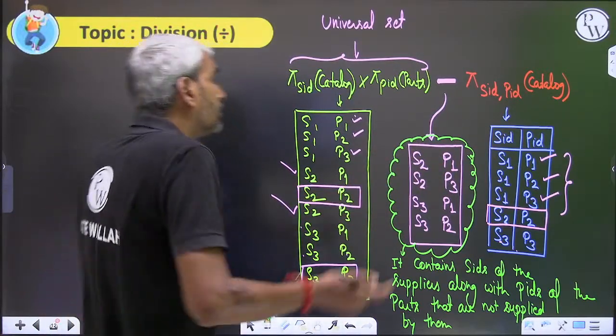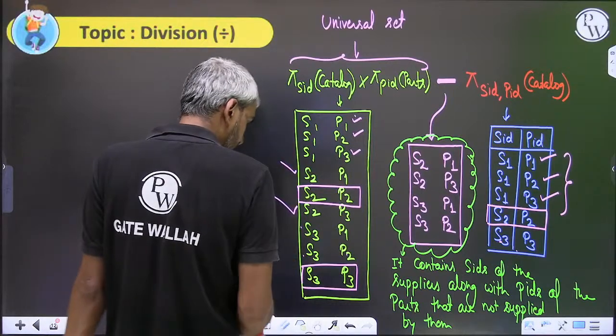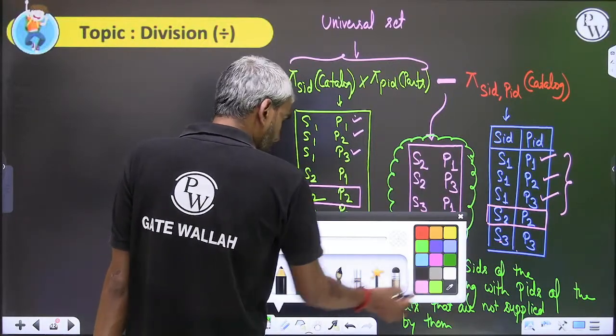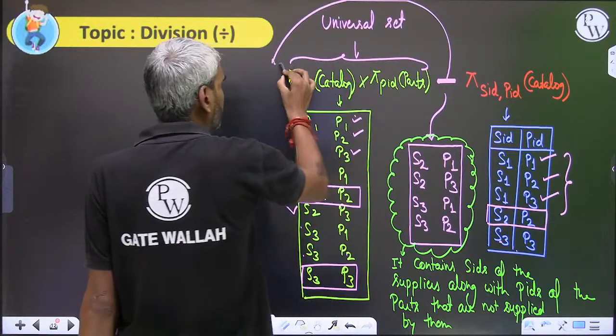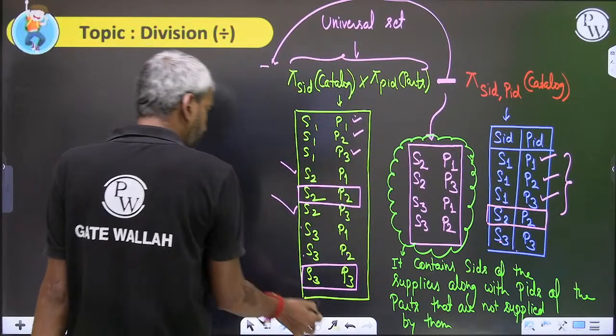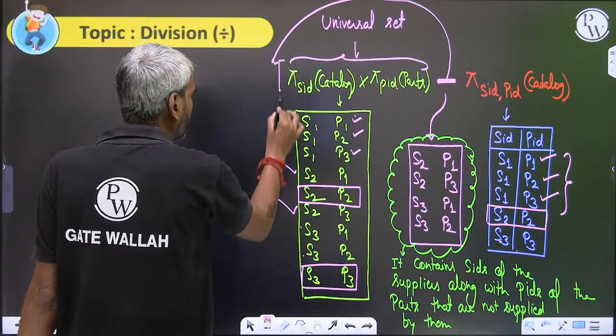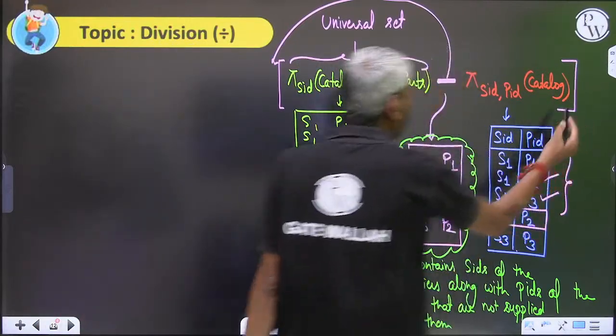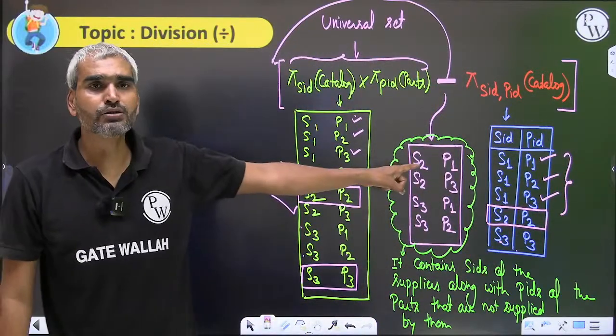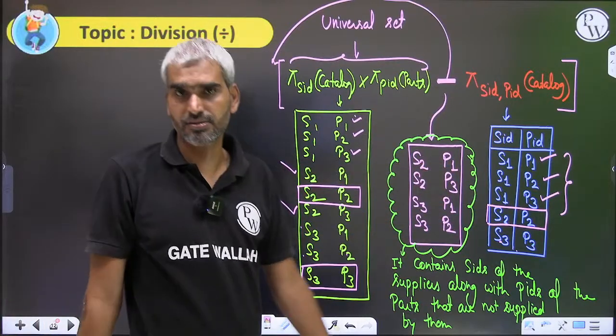Clear? So in the output of this subtraction operation, we have the information about the suppliers who did not supply all parts, right?